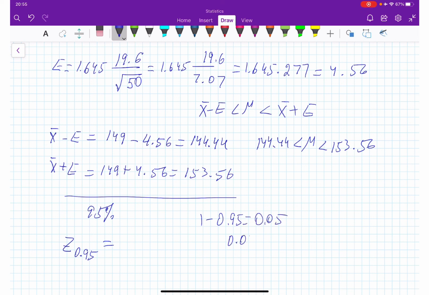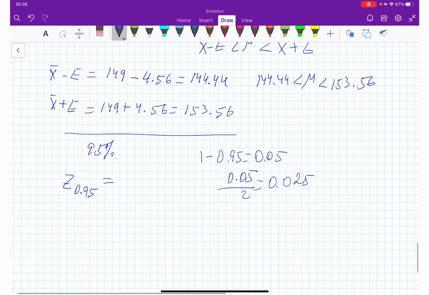Then 0.05 divided by 2, we get 0.025. So we need to find 0.025 in the negative table, and precisely 0.025 is negative 1.96.